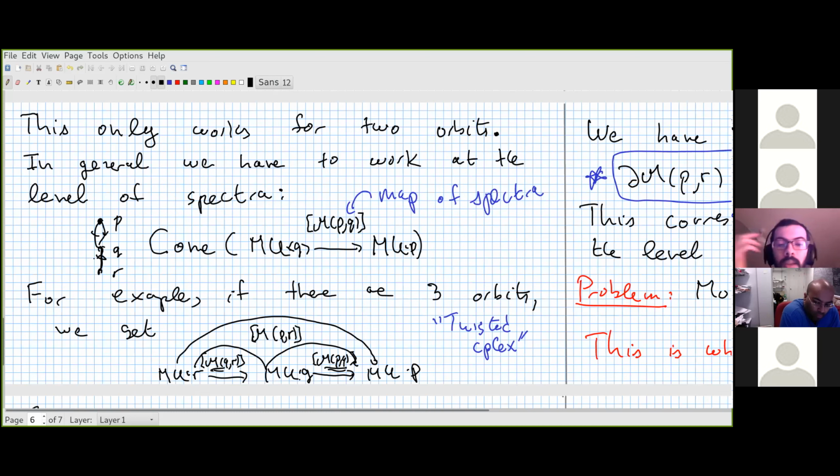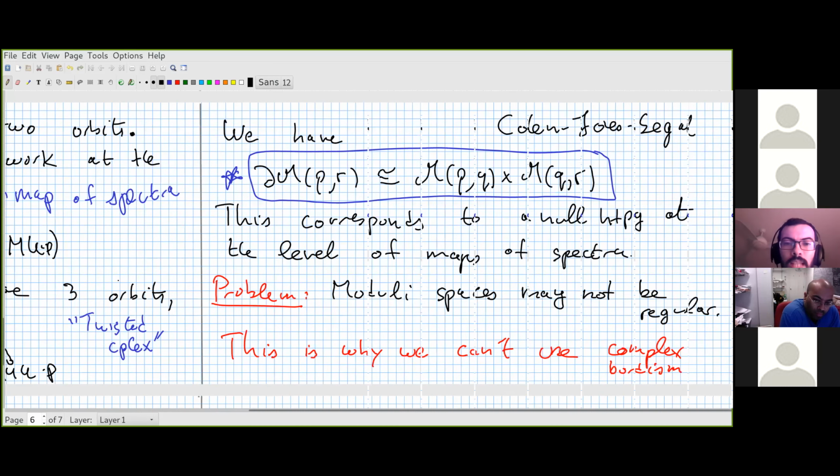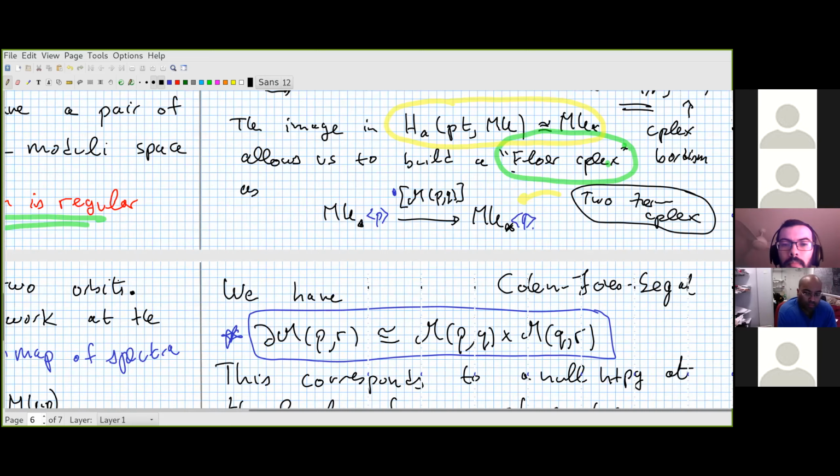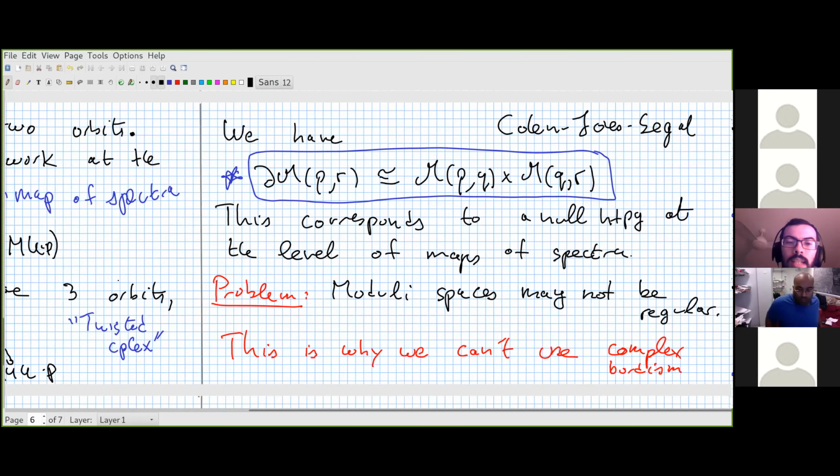Okay, but there is one more piece of information, which is that the moduli space of things that go from P to R, that is not a closed manifold. It is a manifold with boundary, and its boundary is given by the product of MPQ and MQR.